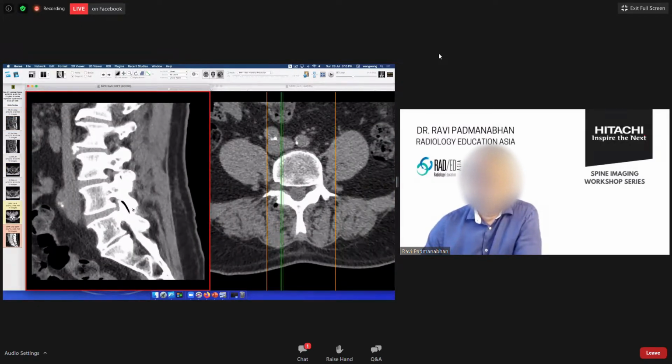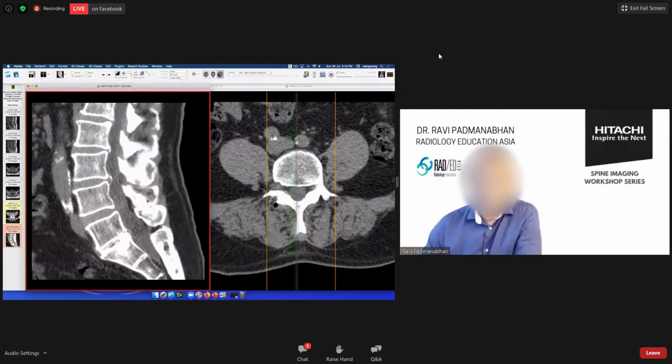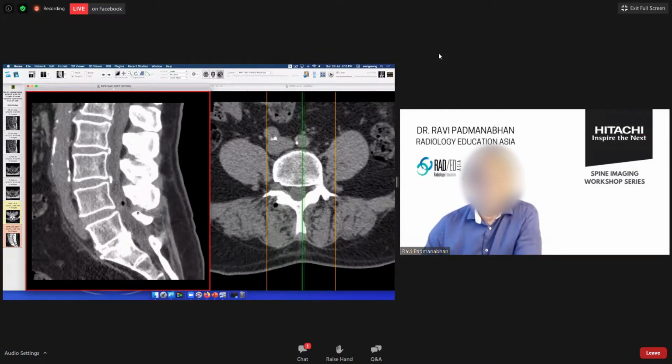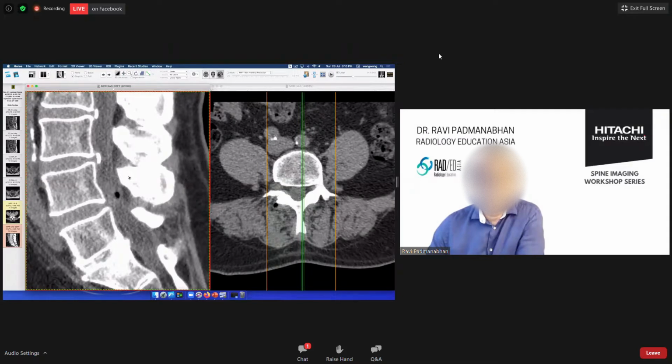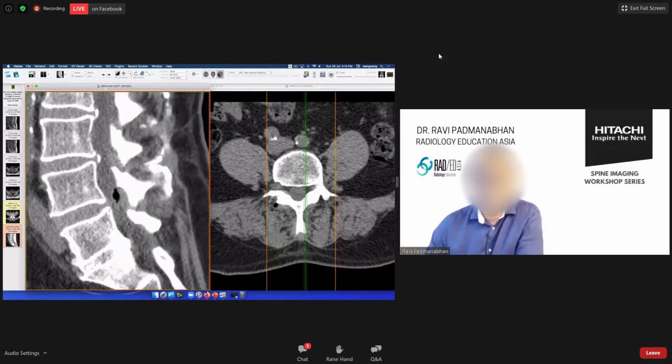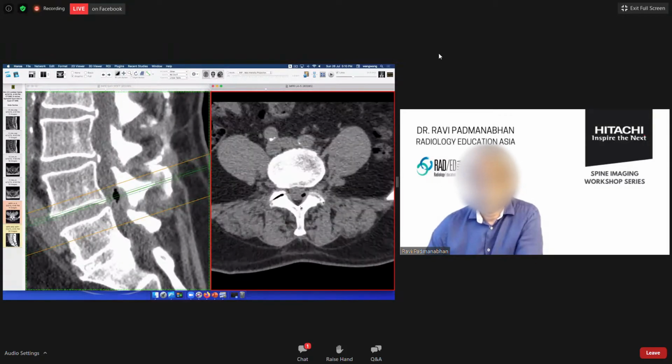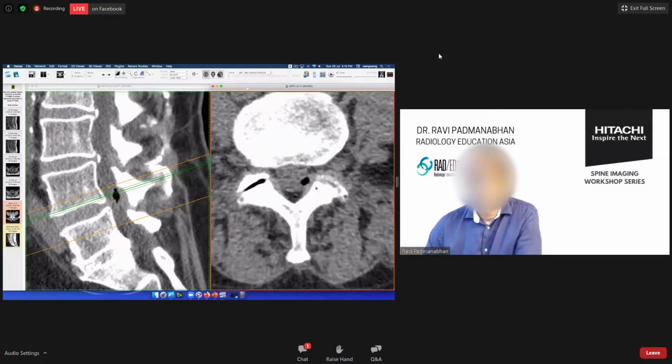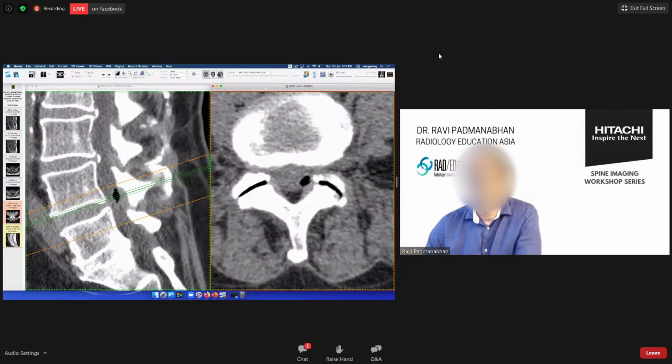So we have air within the facet joint. And then on the sagittal scans, and again, as I said, the sagittals are important, look at the paramedian plane. So here we've got air within the canal. And here's that little cystic structure with gas within it, and it's right up against the facet joint. So if you see this on CT, I think this is a facet cyst. I think that's the only thing you're going to talk about.